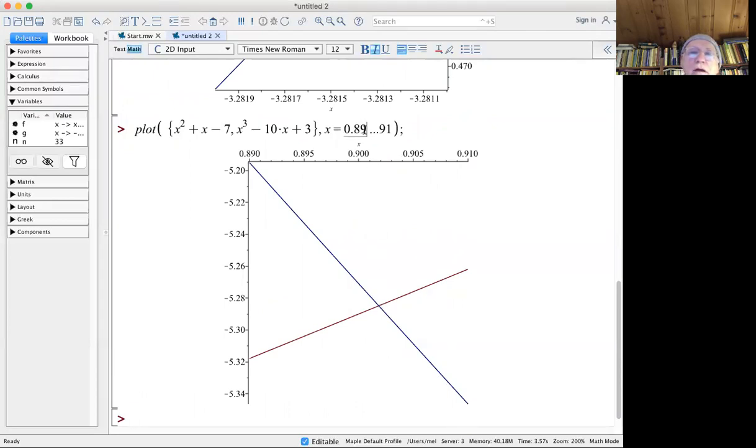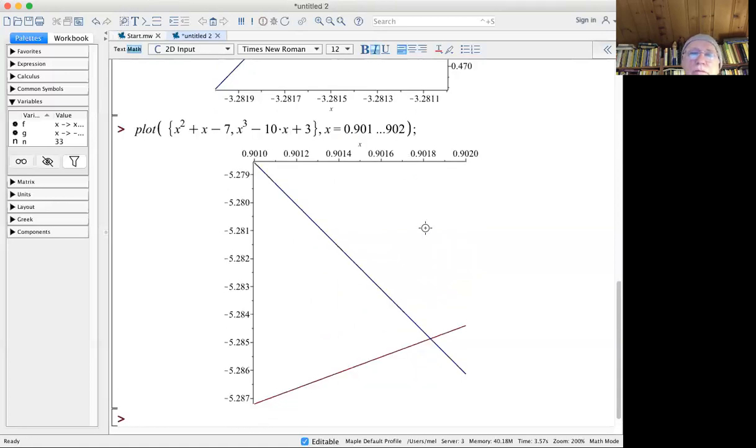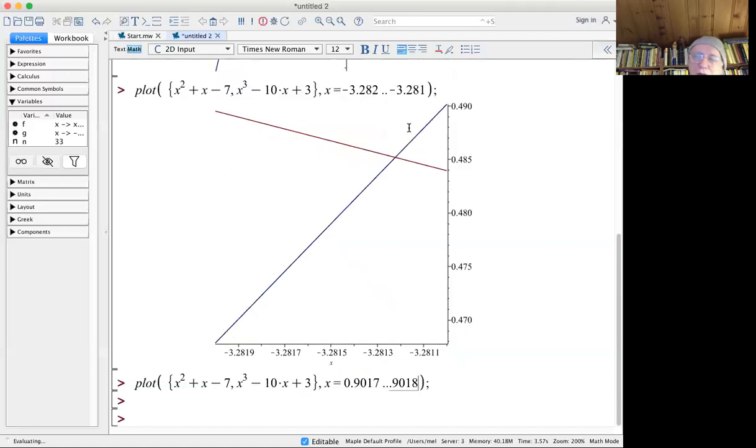Let me make this 0.9. Yeah. So it's really between 0.901 and 0.902, I think. So like 0.9017 maybe, and 0.9018.